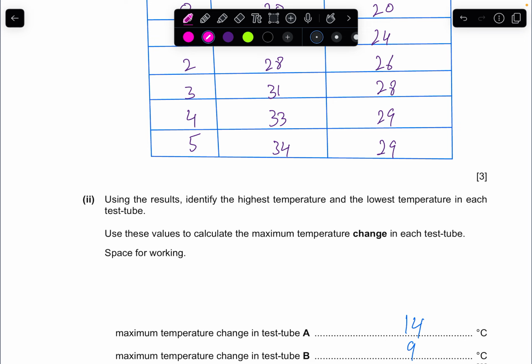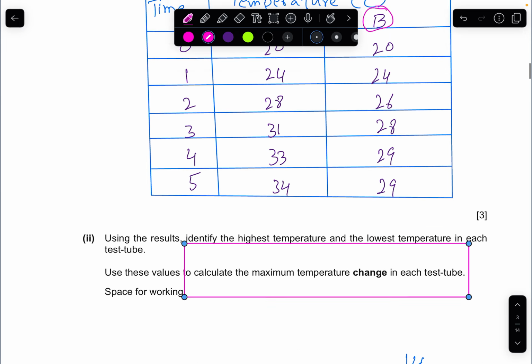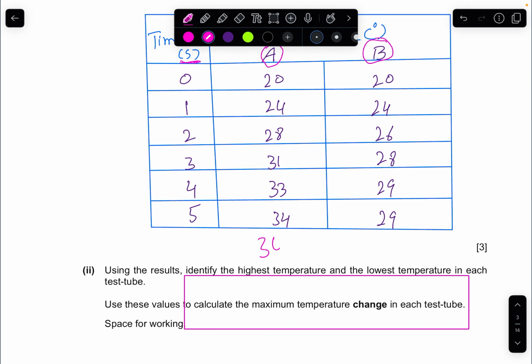Question 2. Using the results, identify the highest temperature and lowest temperature in each test tube. Use these values to calculate the maximum temperature change in each test tube. In test tube A the maximum temperature change I calculate is 14, because 34 is the maximum and the minimum is 20, that is 14.